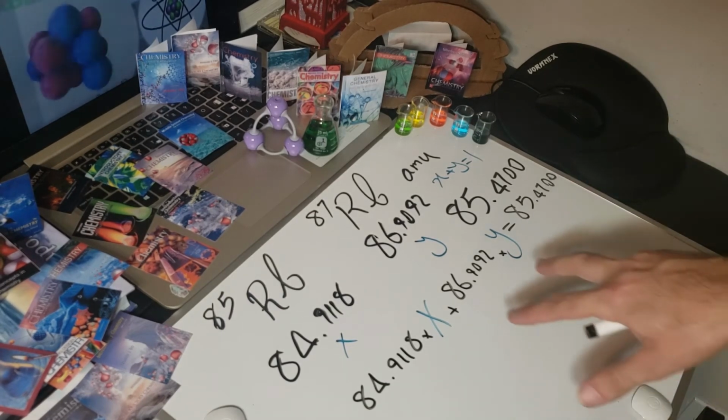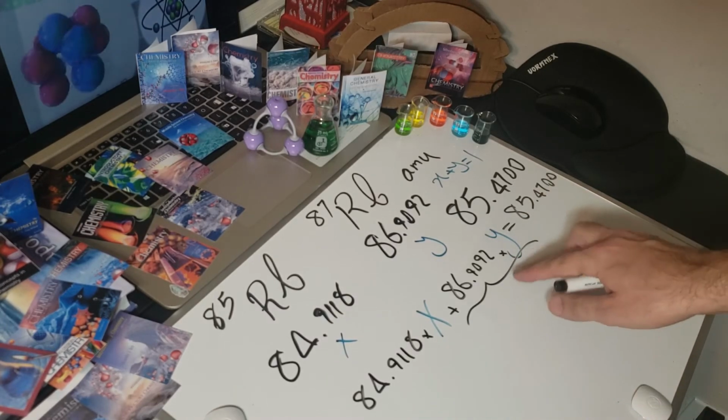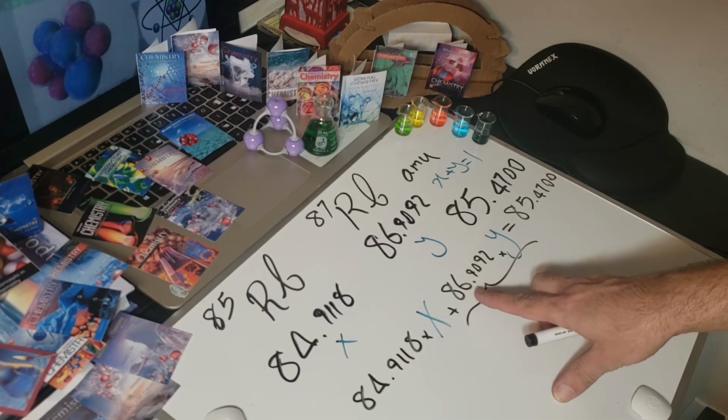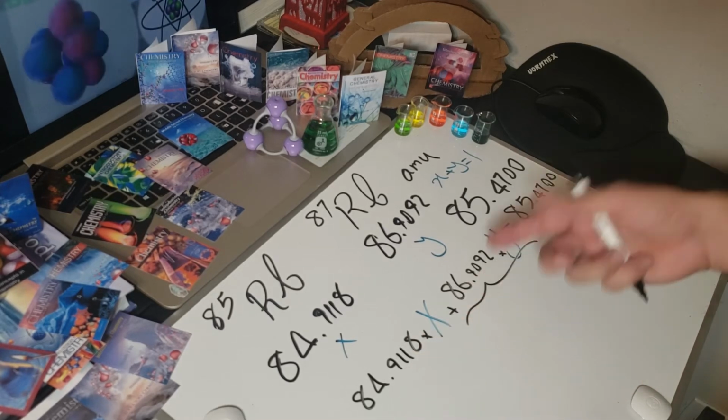85.4700. Now to do this, I need to split the bigger atomic mass unit, for y, into the exact same amount as this one, and then the remaining.